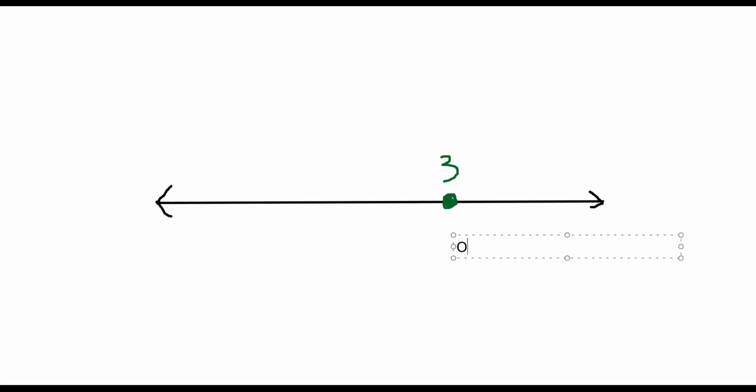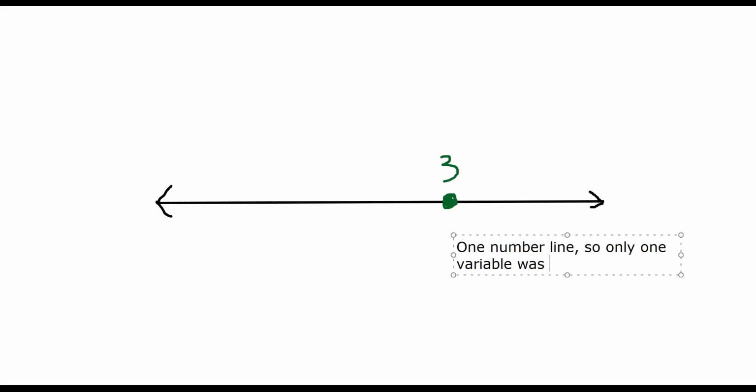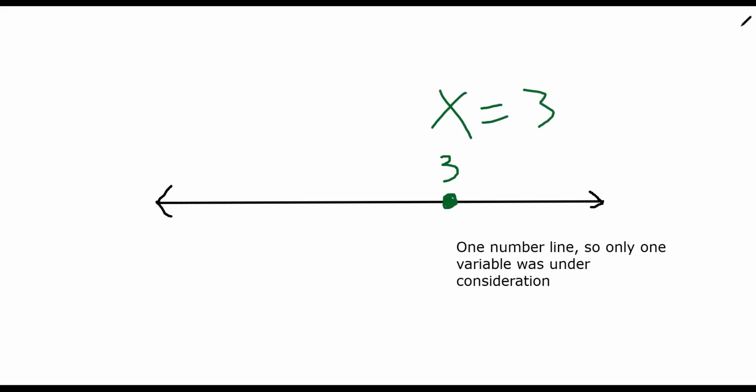But there was just one number line, so only one variable was under consideration. This could literally translate to the equation x equals 3.